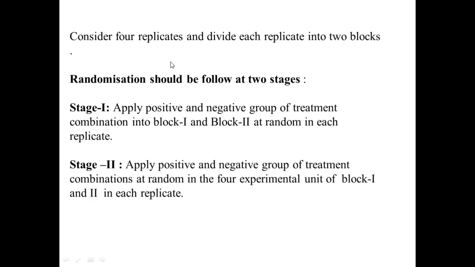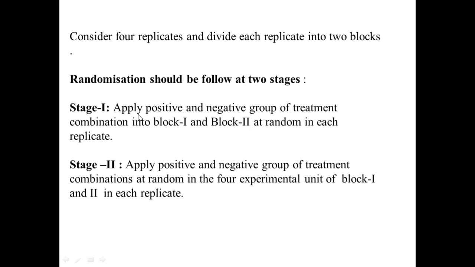Here we have 4 interaction effects, so we use 4 replicates and we divide each replicate into 2 blocks, each of size 4. It means that in each block we have 4 experimental units. Here also randomization is at 2 stages.